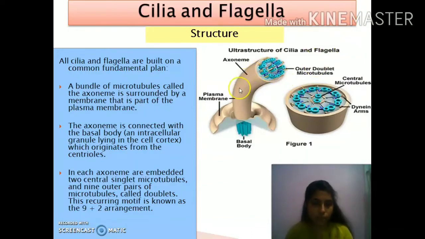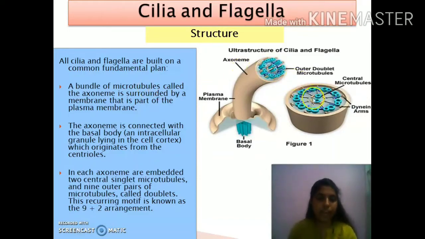This is the axoneme, that is the hair-like or thread-like structure which actually forms the cilia or flagella. This is termed as the axoneme, and it is formed by a bundle of tube-like structures termed as microtubules. Microtubule is formed with the help of a protein termed as tubulin.